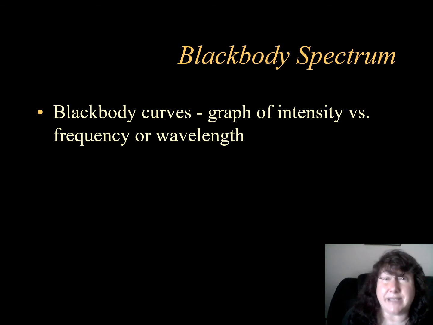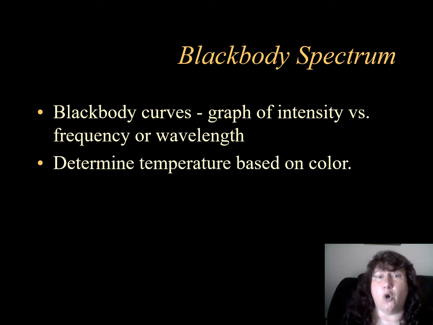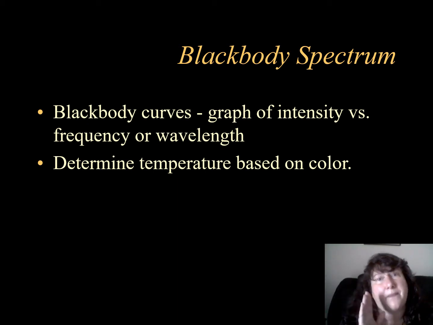Basically we take the intensity of the light versus its wavelength or its frequency, it doesn't matter which, and we look at the curve. And guess what? The curve always looks the same. The difference is that where it peaks will tell us the temperature of the star. So by looking at the peak wavelength or the peak frequency, we can determine what the temperature of the star is.